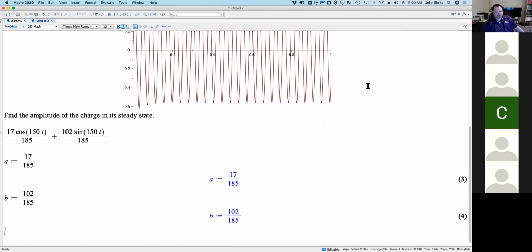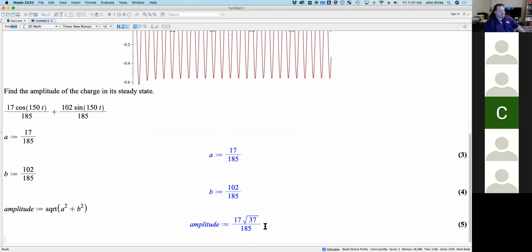Do y'all remember the formula for that? It's the square root of a squared plus b squared. So there's your amplitude.